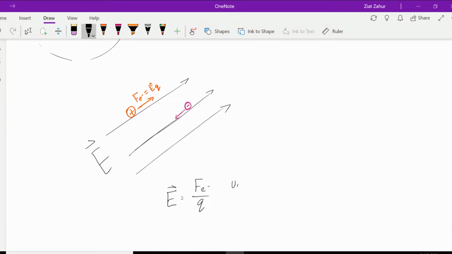And of course the units would be force, which is newtons, N, divided by coulombs, which is capital C, N over C. Okay. There are other units we'll use, especially when we start talking about electric potential. So there is another type of unit, volts per meter, which we can use for electric field. But for now, we'll use newtons per coulomb, which is our normal SI for electric field.